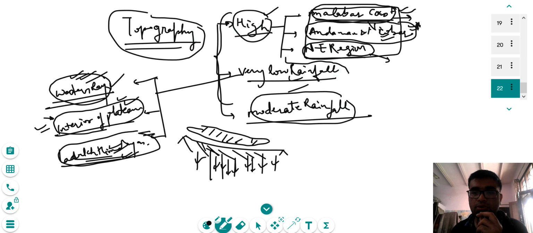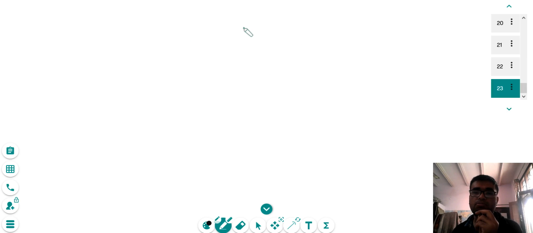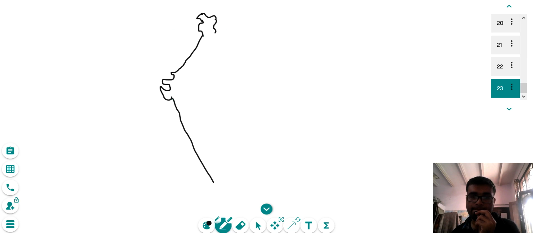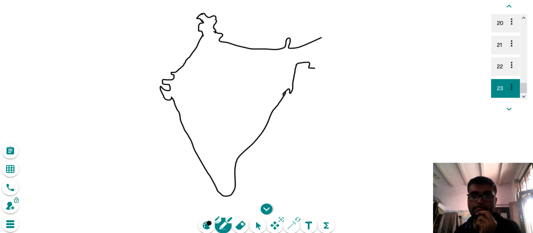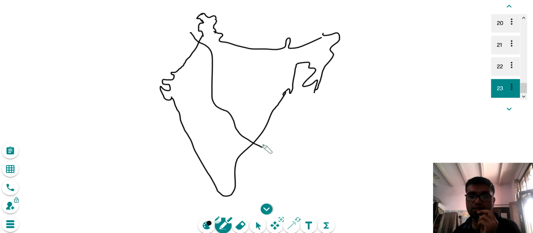Let us consider the second fact that we left on the monsoon, that is the monsoonal map of India. It is very important to understand which region witnesses how much rainfall. So this is the map of India. This is the 100 centimeter isohyet.